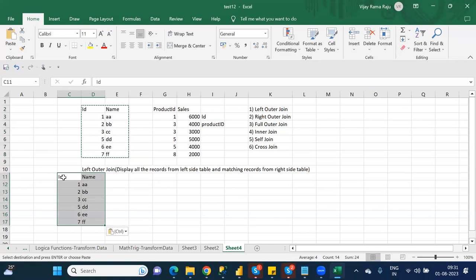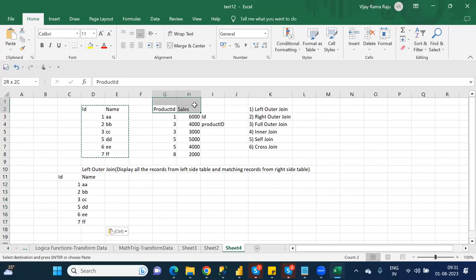Coming to the right side table, what do we need to display? Only matched records. Whatever common column we have taken between the data sets, whichever values are matched from the right side table, only those will be displayed.